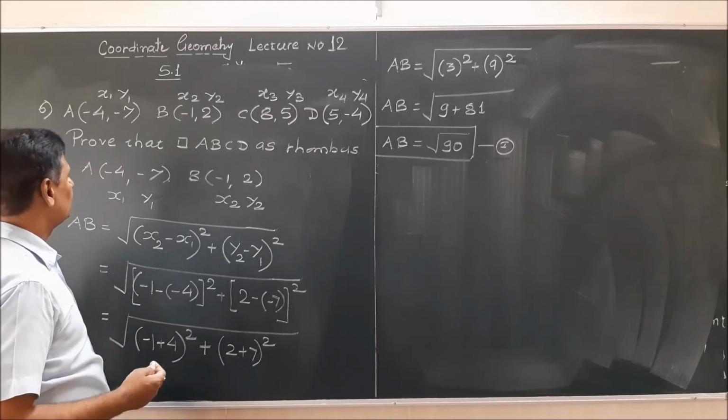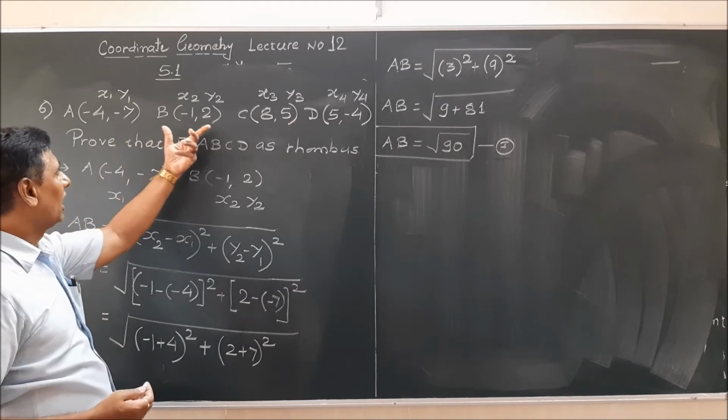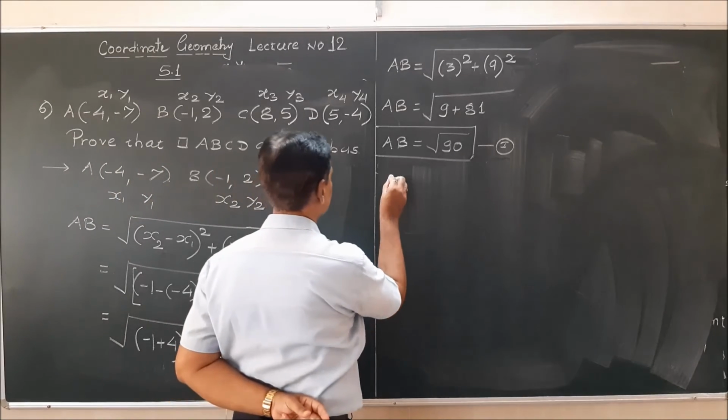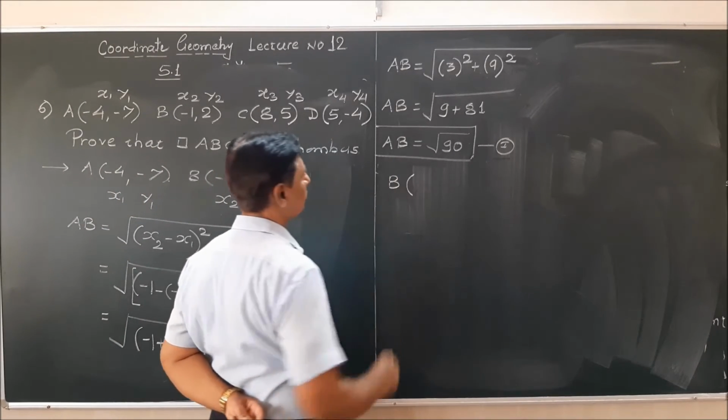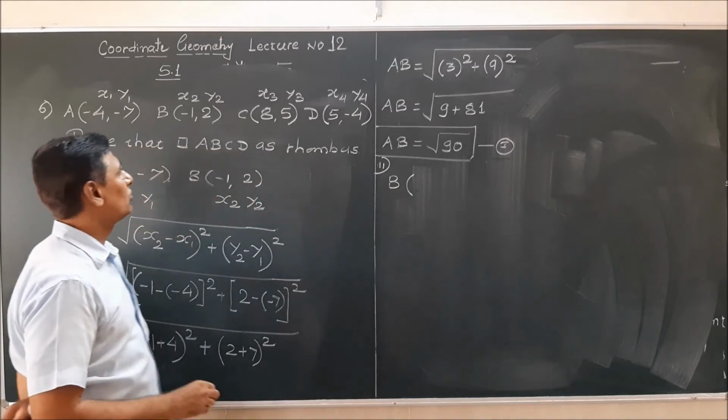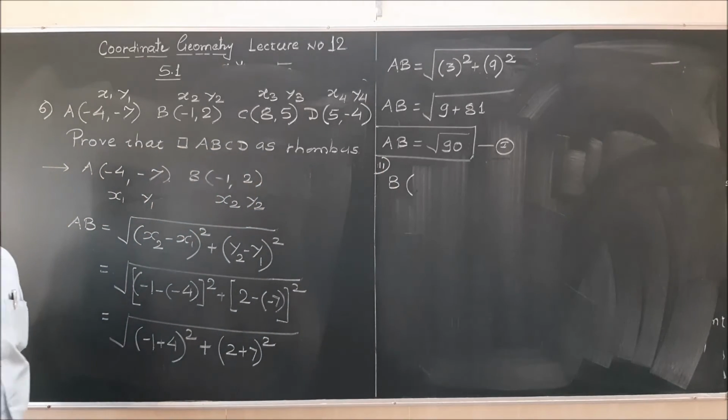Now after finding out AB, I am going to find out BC. Now the value of BC. Coordinates of B, second part, are minus 1 comma 2.